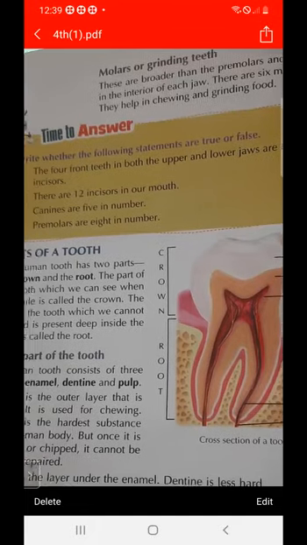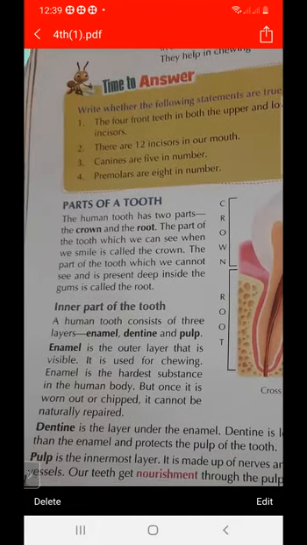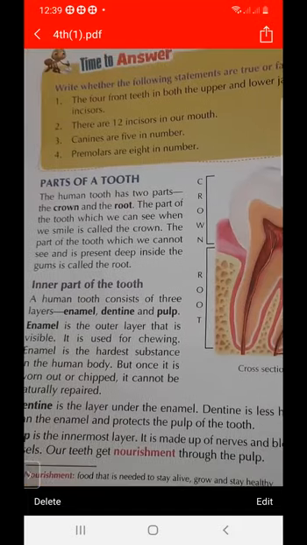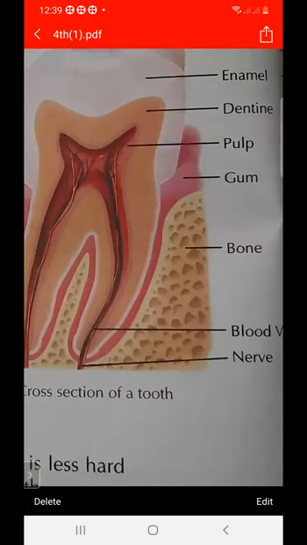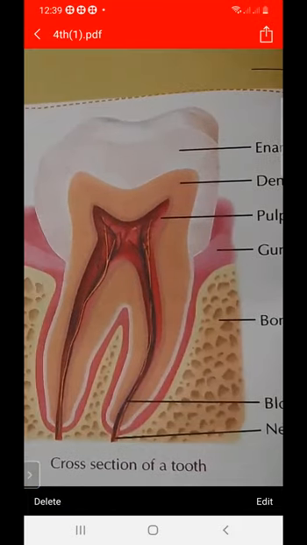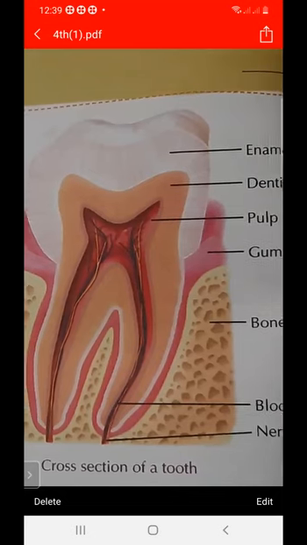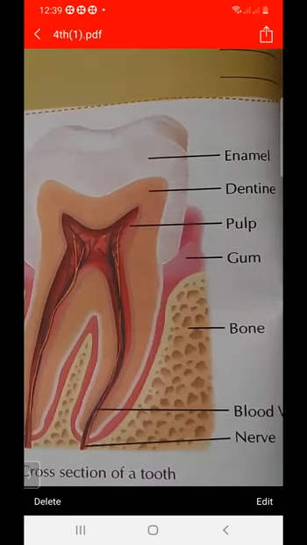And next is parts of the tooth. This is the cross section of the tooth. If we see the tooth with a microscope or with an instrument, we see the bigger part of the tooth. This is the structure, the cross section of the tooth shown in the figure.